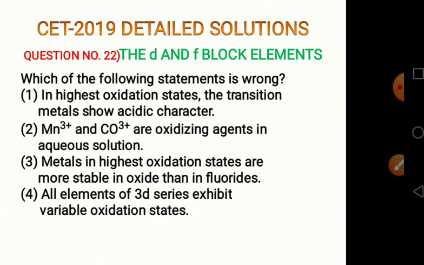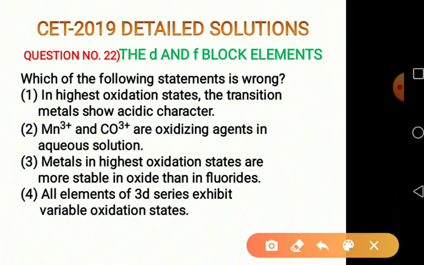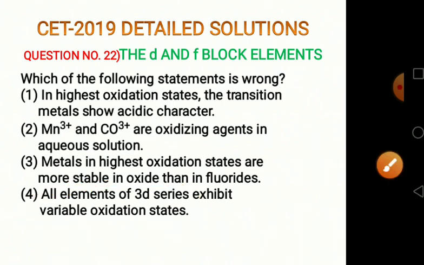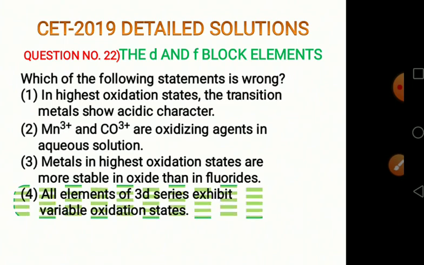Remember, one thing we have to know about D and F block: variable oxidation state is not possible for zinc and scandium. So for scandium and zinc it is not at all possible. Out of the given statements, all elements of the 3d series exhibit variable oxidation state is the wrong one. Hence the correct answer for this question is the fourth one.